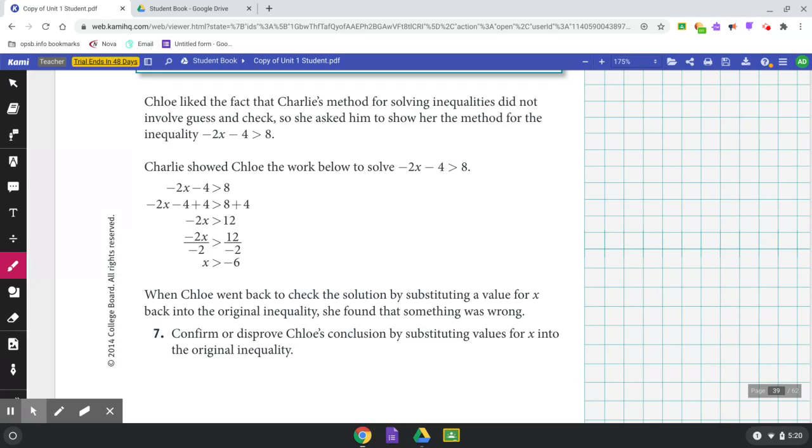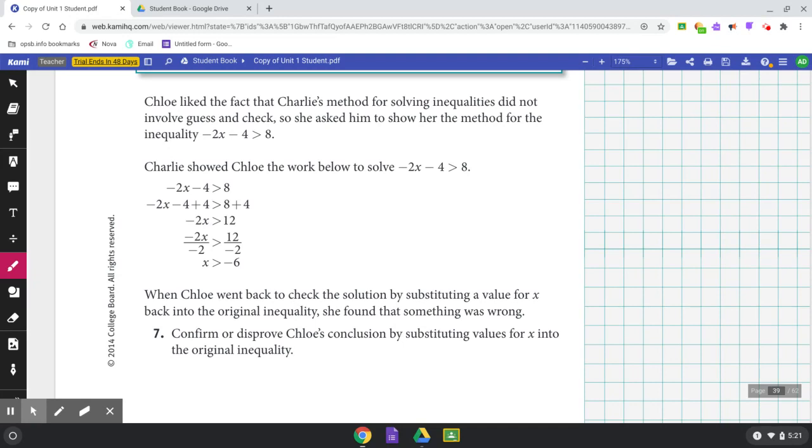So Charlie showed Chloe the method below. Charlie added 4 to both sides to isolate the term with the variable, negative 2x. And then he divided out negative 2 to isolate the variable x. And he got x is greater than negative 6.